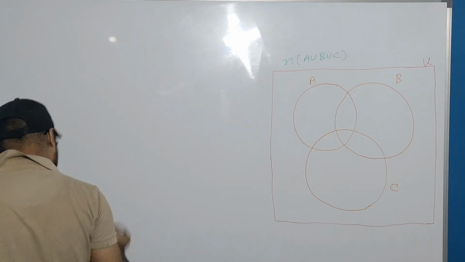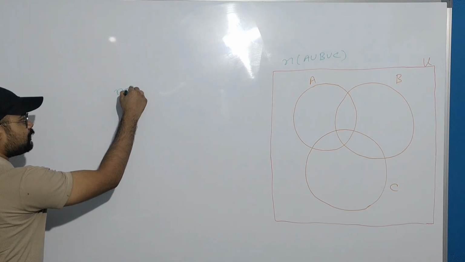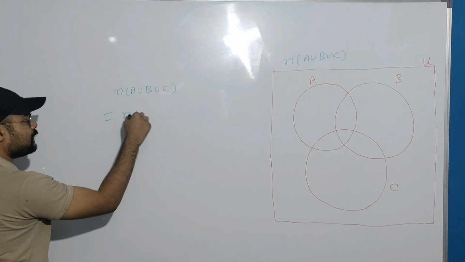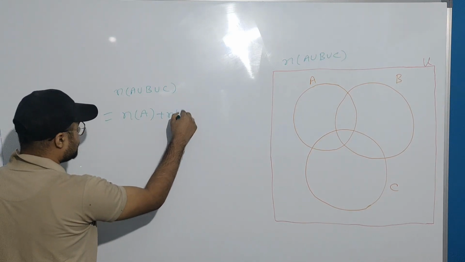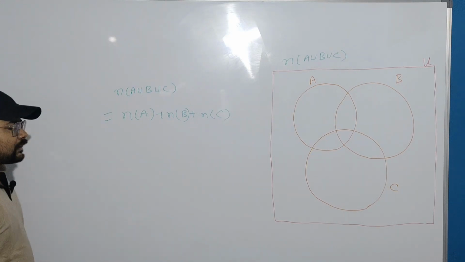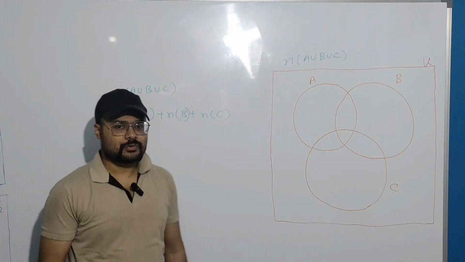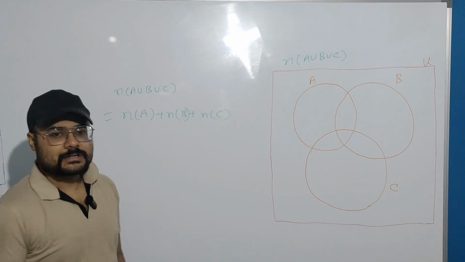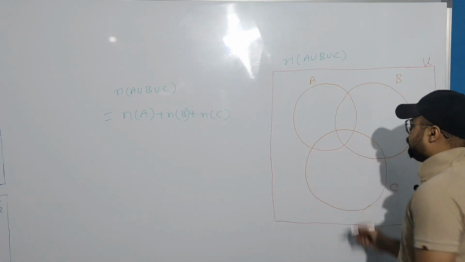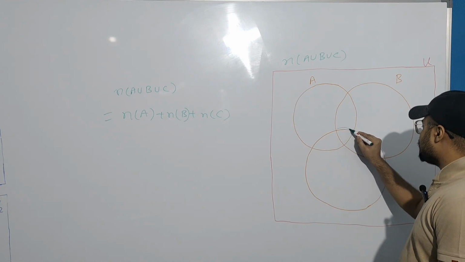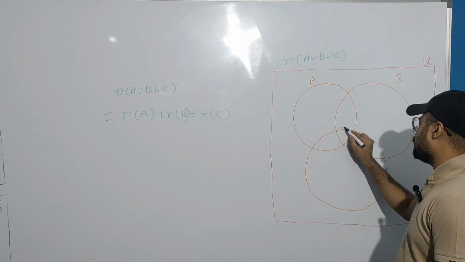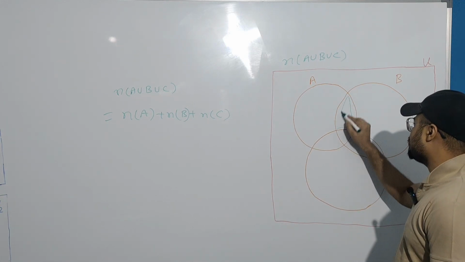If I write that the number of elements in A union B union C is equal to the number of elements in A plus B plus C, then we are counting some elements twice, some elements thrice. Let's see how. Look at this region.